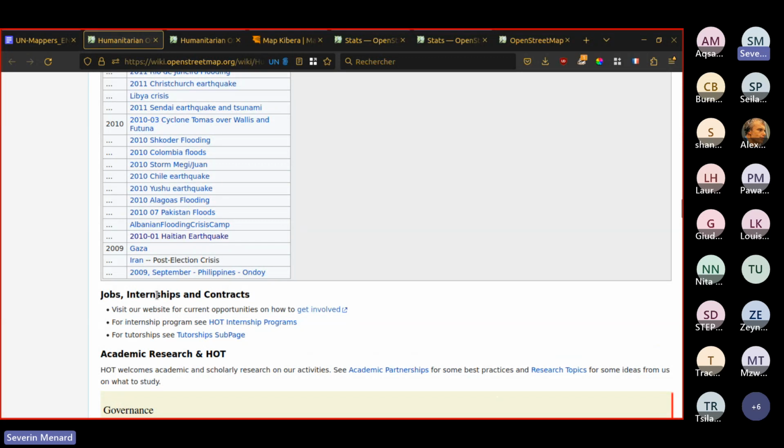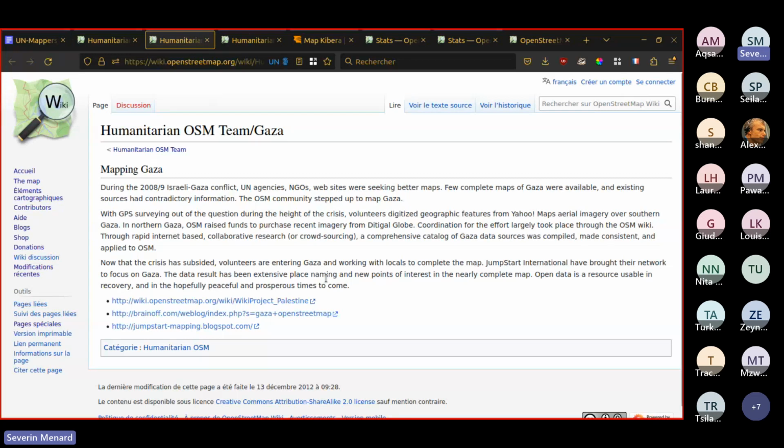So there was a project in Gaza, you can see, in the Philippines, etc. So they were already there before the NGO was founded, just as a collective, and they were already reaching out to the humanitarian sector, generally where there was a specific need, the one in Gaza, for example. Okay, so involving generally some field surveys, some data imports, and things like that.